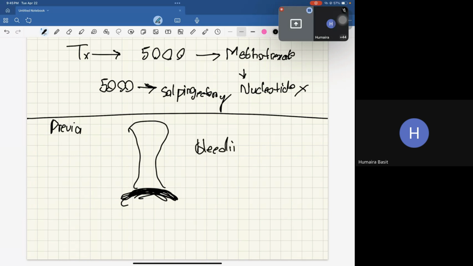In placenta previa, the bleeding will be painless. So if painless bleeding is present in a female in the third trimester, and they ask you about the diagnosis, it would be placenta previa, because the placenta is lying at the lower cervical os.